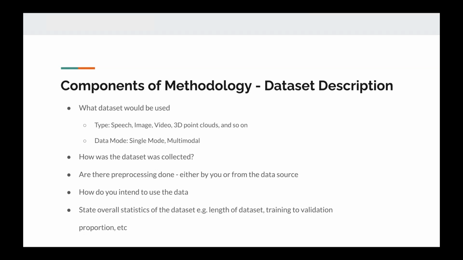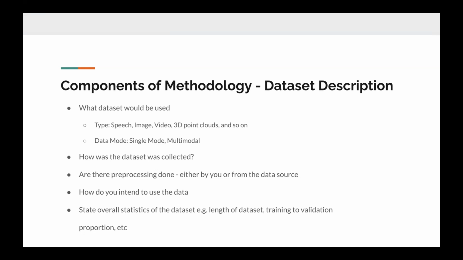You're feeding audio data and images into your model or your system to help you accurately generate your subtitles. In that case, you're using a multimodal approach. So you want to clearly state that you're following the multimodal approach and XYZ type of data is what you're using. You also want to state how the data set is collected.